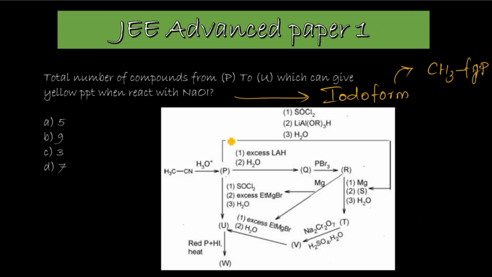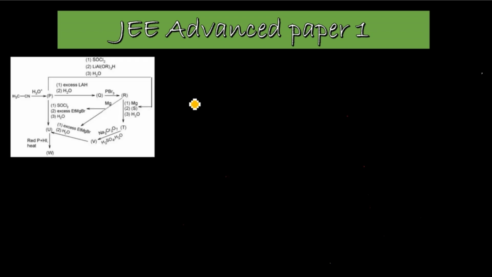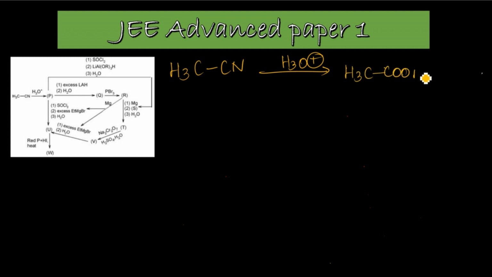Okay, let's see this reaction in detail, because this is a comprehension type of question. We have another question based on this diagram as well. So first we have CH3CN, which is reacted with H3O plus. That is hydrolysis, right? Which will give you acetic acid.